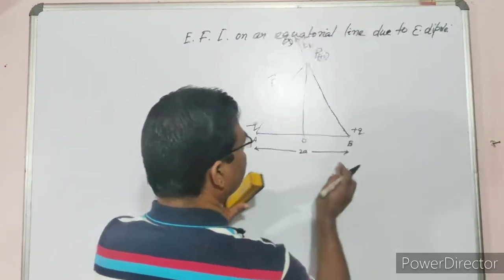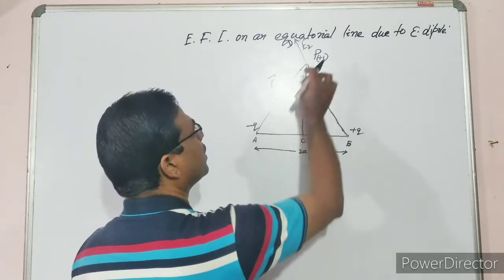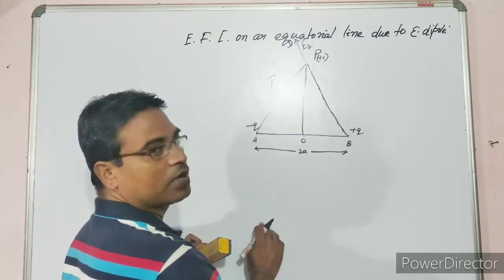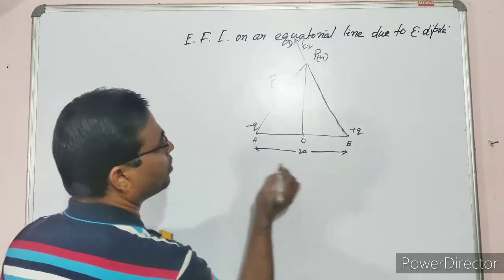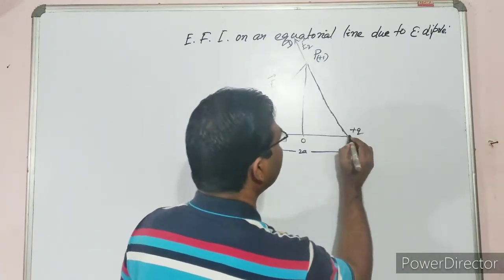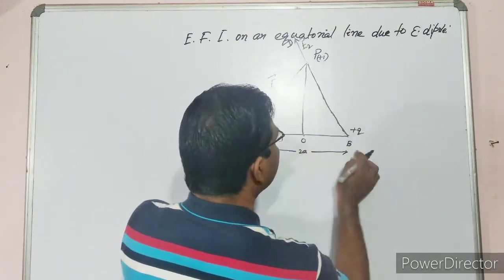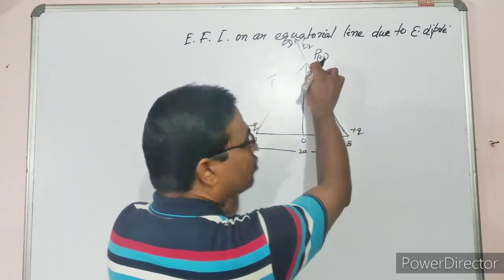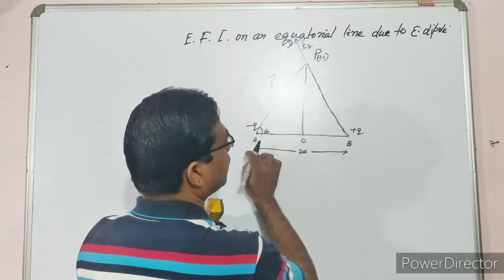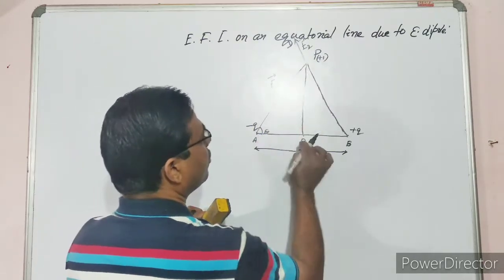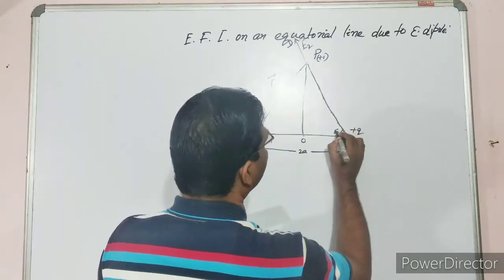Now come to the point. Due to this charge, how much is the electric field? KQ by R square. I will tell the magnitude of the electric field, first you understand. Suppose this is the angle theta. So PAB is theta, or you can take PAO, then it is also theta.